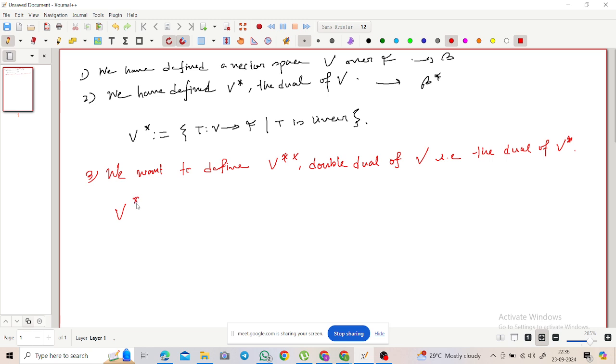So V star star will be defined by linear transformations from V star to F.